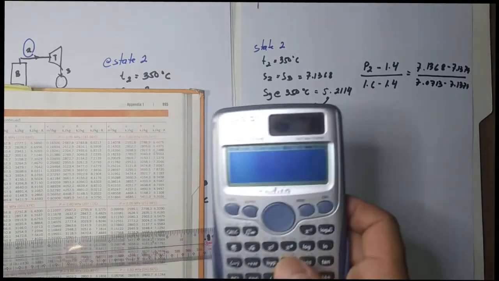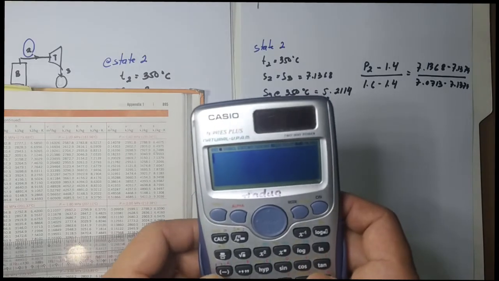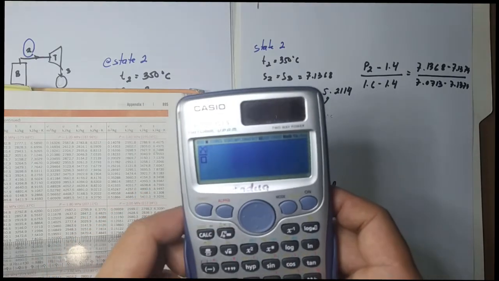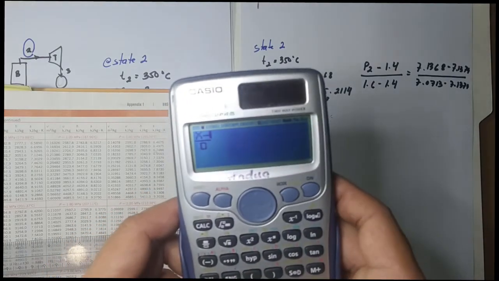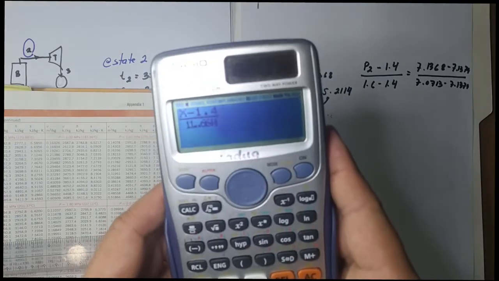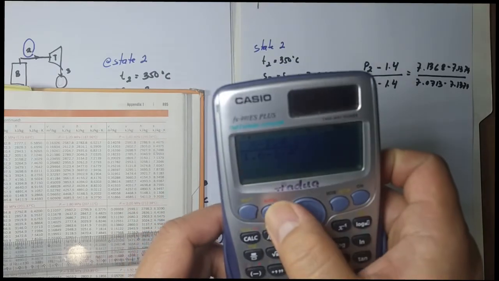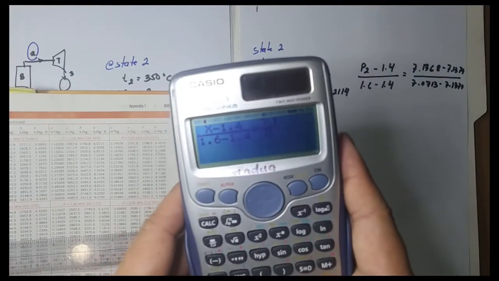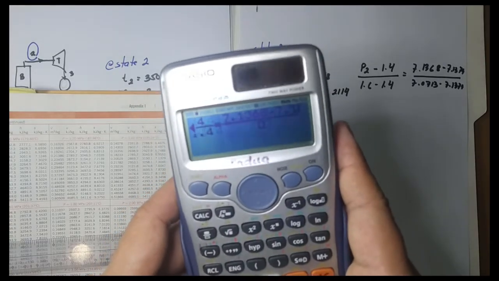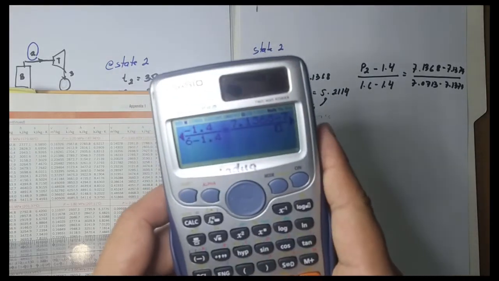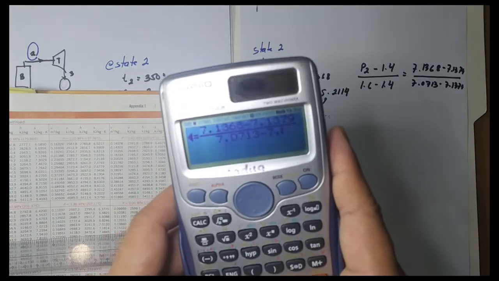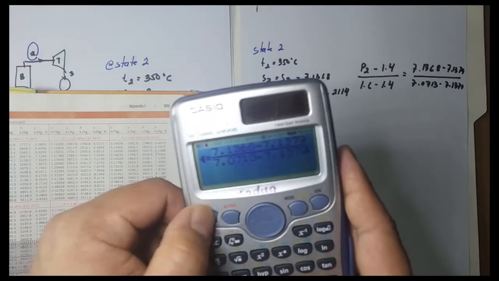Okay. So, ganitong ginagawa ko equation. Yan. So, meron kang yung P gawin kong X minus 1.4, then you have 1.6 minus 1.4, equals 7.1368 minus 7.1379, over 7.0713 minus 7.1379, then shift solve.